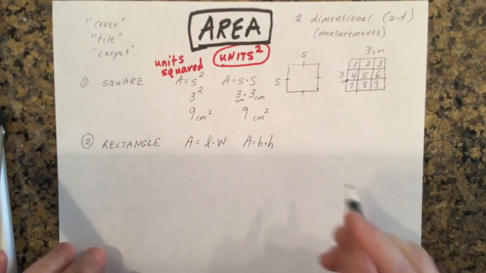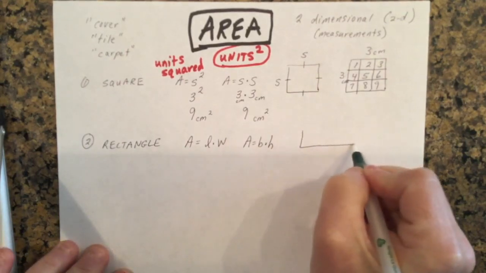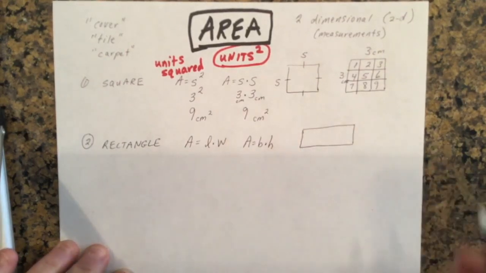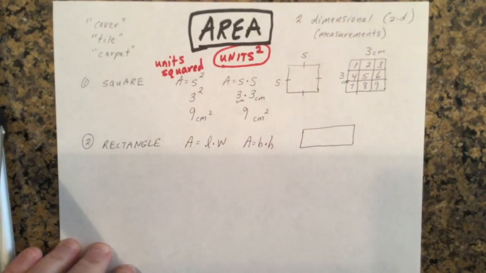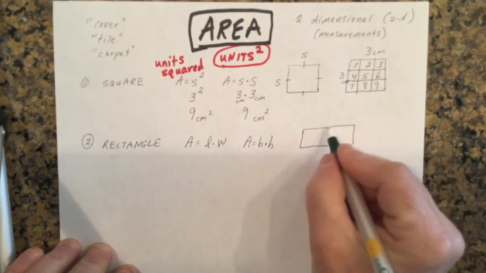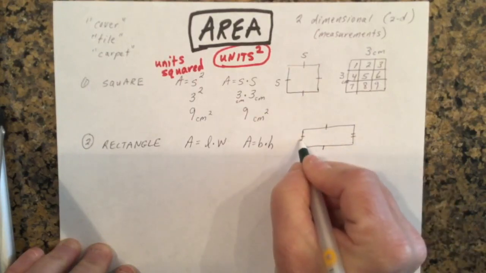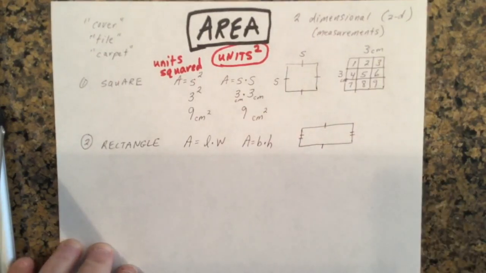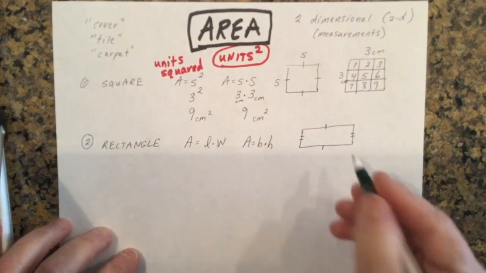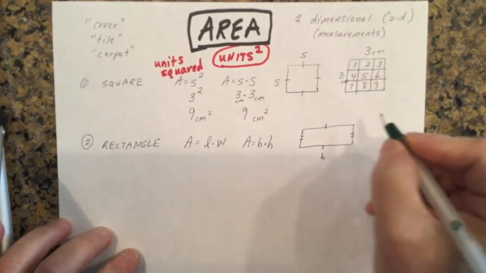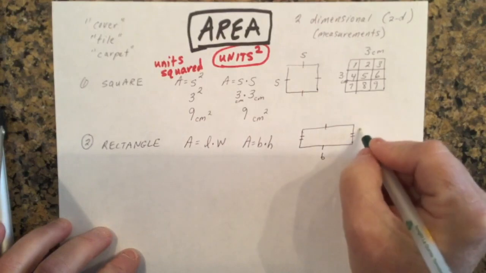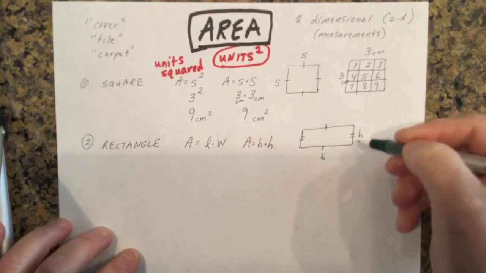All right, so in a rectangle we remember looks like this, has 2 pair of parallel sides. They're parallel and they're congruent. So that means this side equals this side, and this side equals this side. Okay, but they have different tick marks because they do not equal each other. All right, so let's say that this is the base because it's the bottom, and this is the height because it's how tall it is.